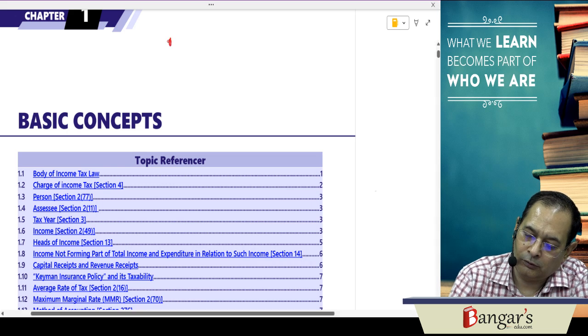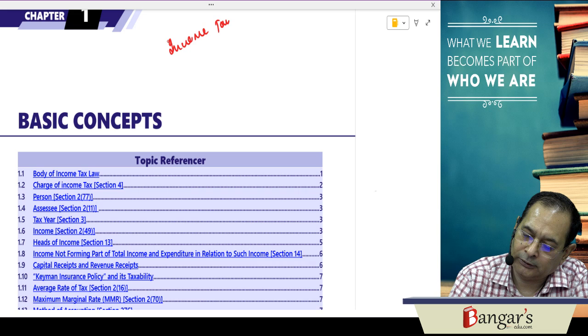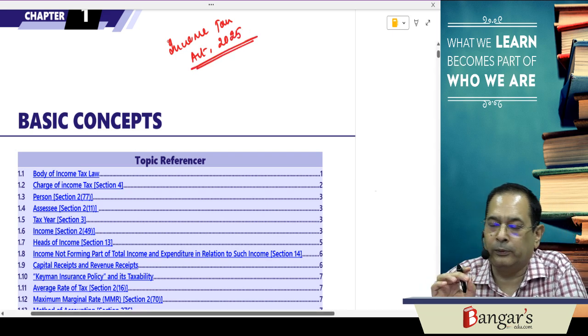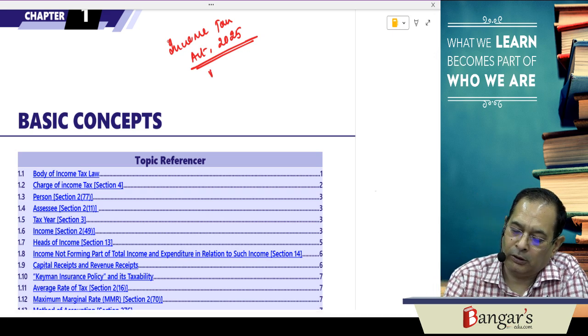So, this is a fundamental change. Income Tax Act 2025 same will be applicable for the students who will be writing their examination in May 2027 and onwards.